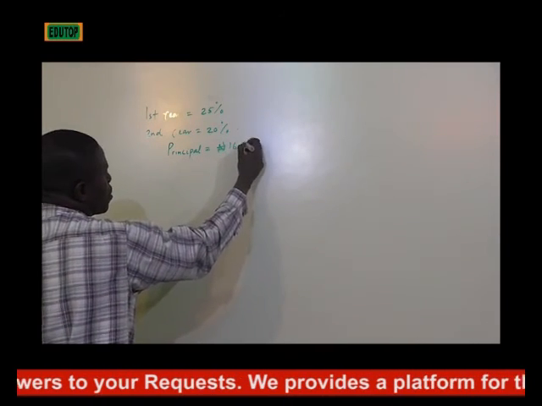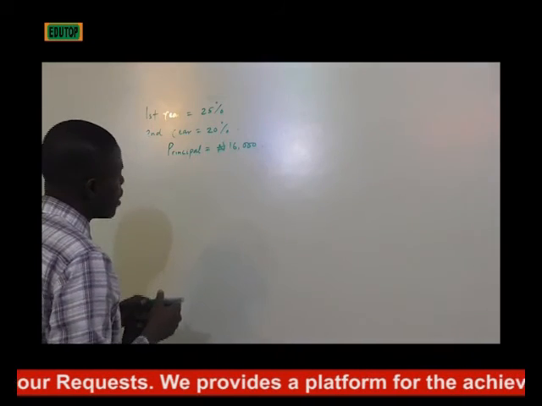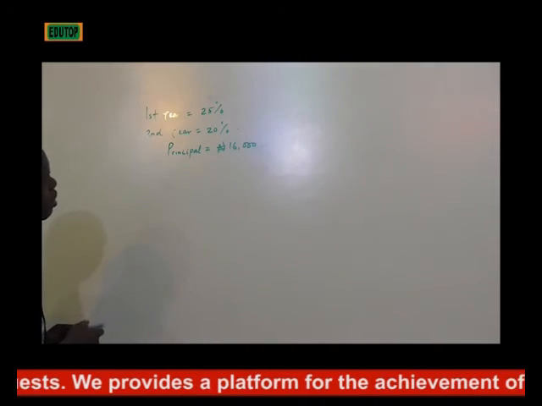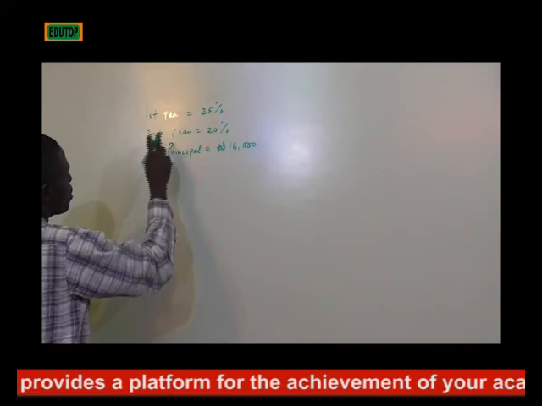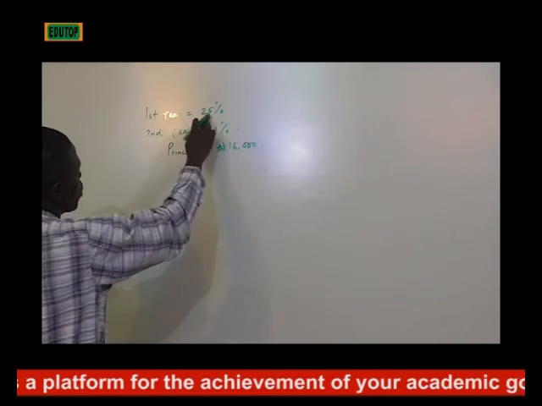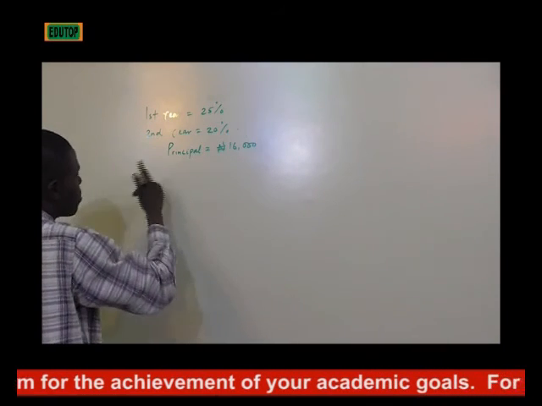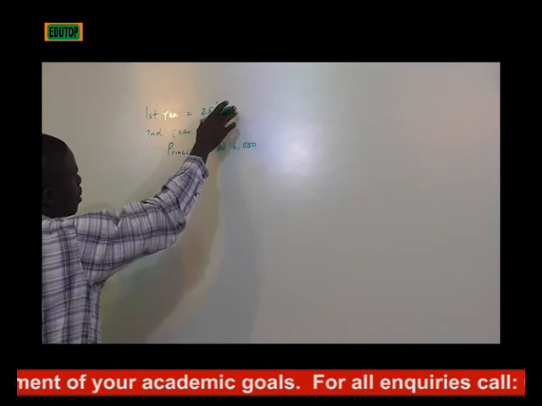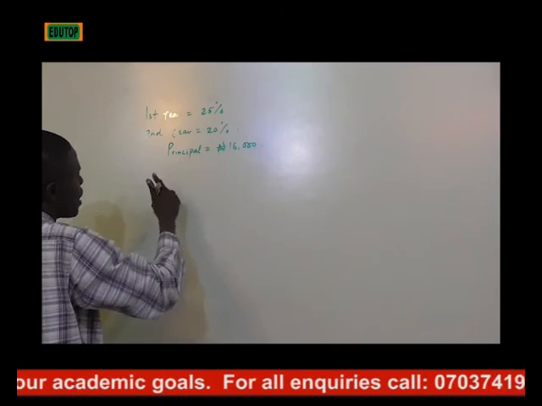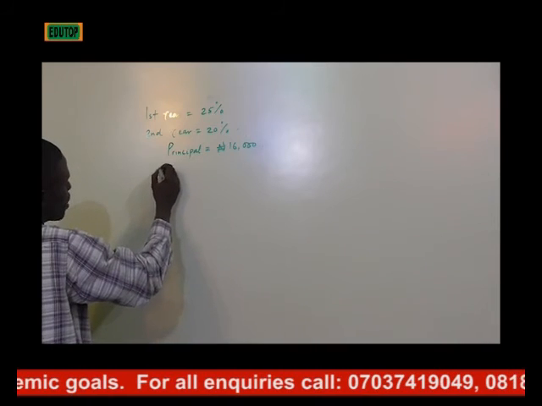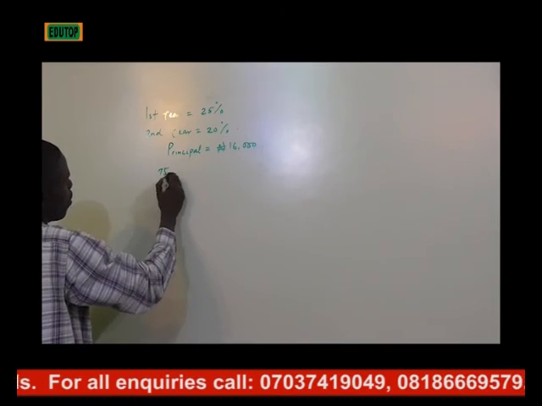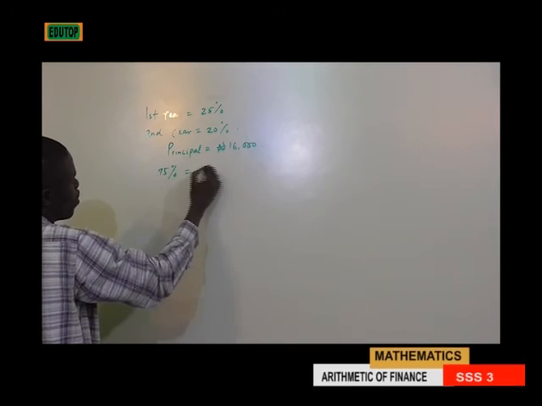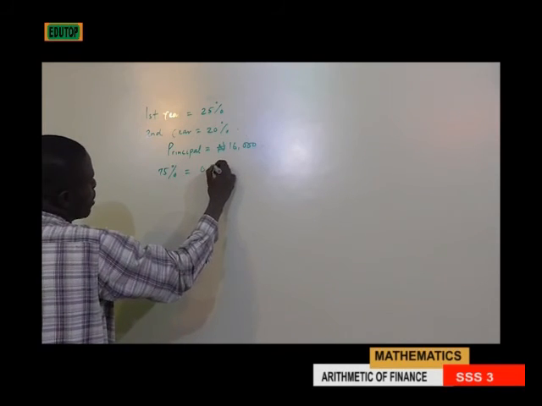So the principal is 16,000. So the easiest way to approach this situation is, if you have 25% depreciation, because the total is 100%, it's also the same thing as saying 75%, which is equal to 0.75.